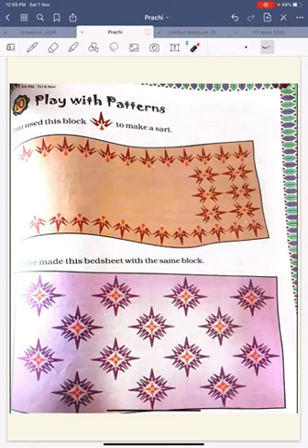These kinds of patterns are made from wooden blocks. Colors are stuck on these blocks and this kind of pattern can be made. So from the same block, this pattern and this pattern are made. So using the same block we can make different kinds of patterns.